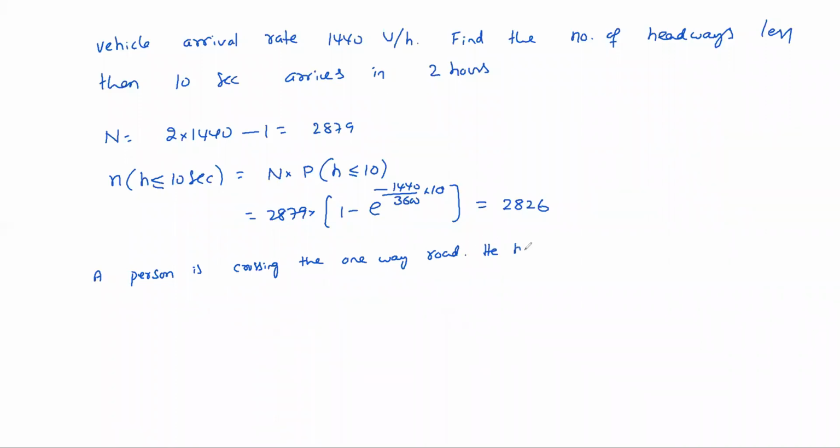He has not seen the traffic, he just crossed. The crossing point is on the curve.